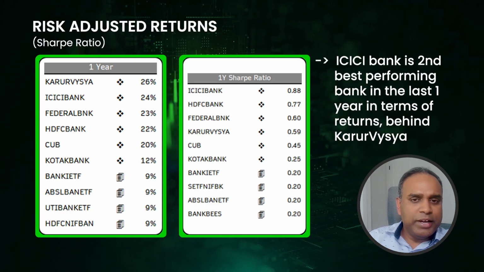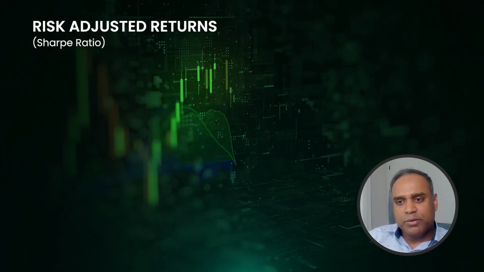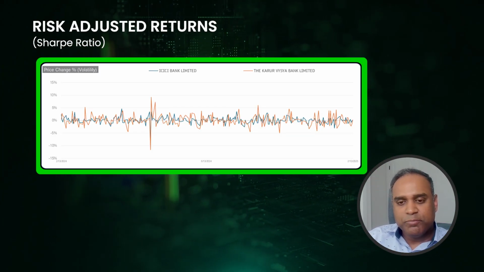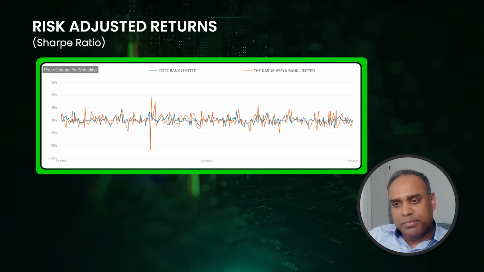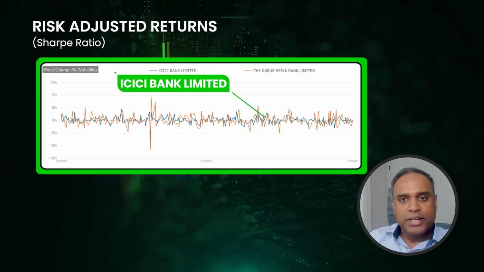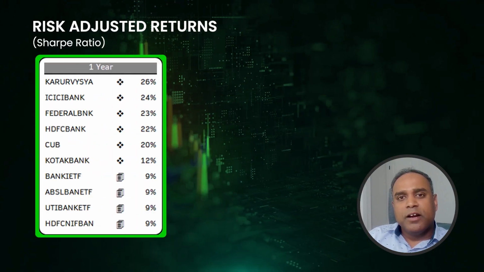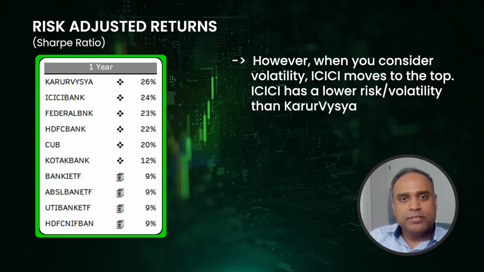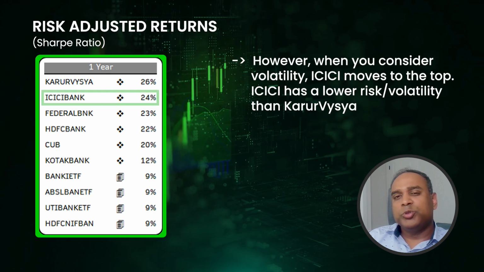So why is this happening? Let's compare ICICI Bank and Karur Vysya Bank's volatility. You can clearly see Karur Vysya Bank, which is the orange line, is a lot more volatile compared to the blue line. So the question here is, Karur Vysya Bank gives me 26% return and ICICI gives 24% return.